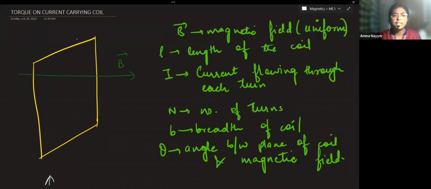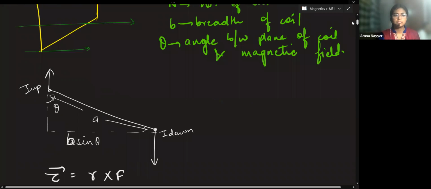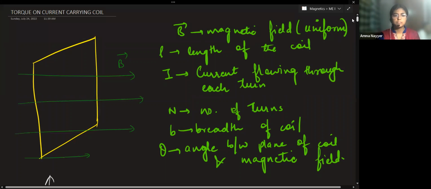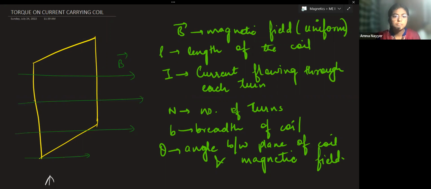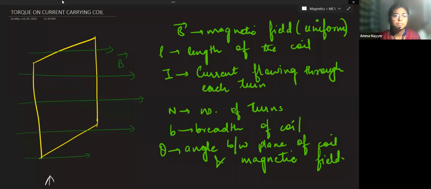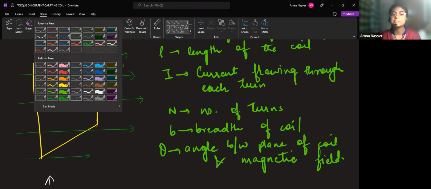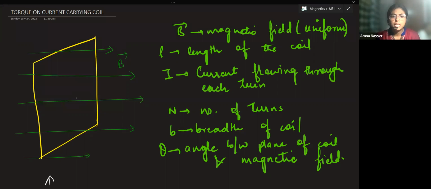Now magnetic field lines are there. Now see, length of this coil will be L and the breadth of this coil will be B. This is L.